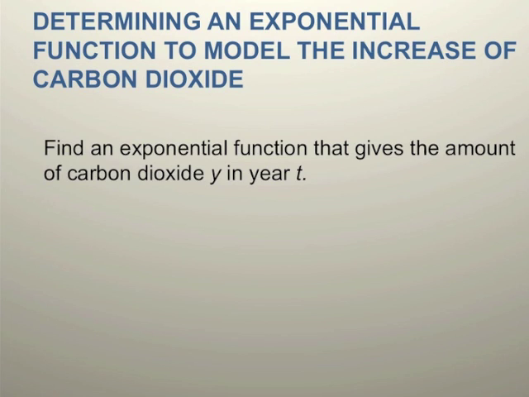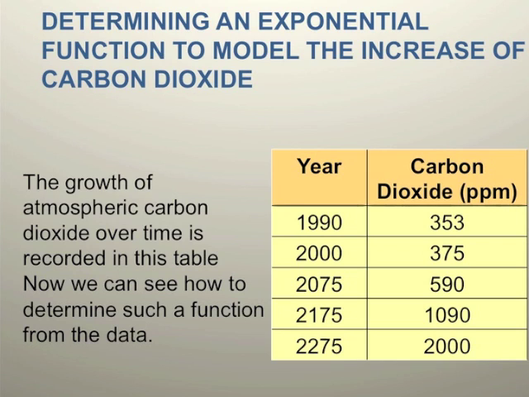Well, let's go back. The year 1990 is 353, and the year 2275 is estimated to be at 2,000 parts per million of carbon dioxide.